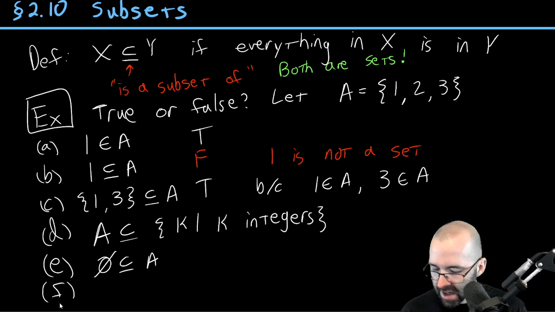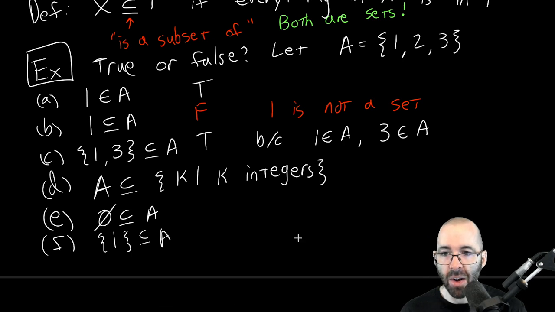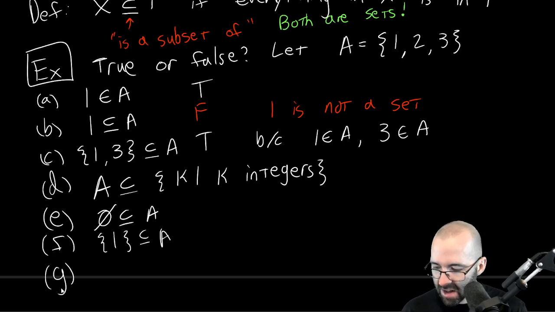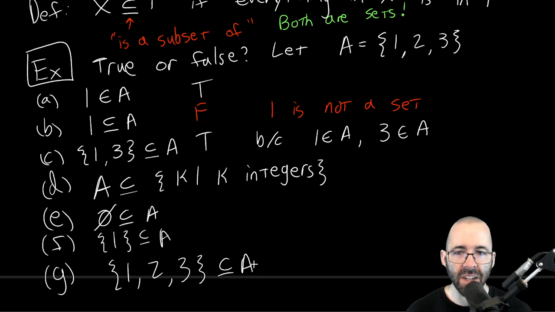I also want you to look at, is the set containing 1 a subset of A? And I'm running a little out of room, so I'm going to go off the page a bit. The last thing I want you to do is the set containing 1, 2, and 3 a subset of A? So again, pause the video if you haven't already, and do all of these questions, think about them, write down your answers, and we'll go through them together.